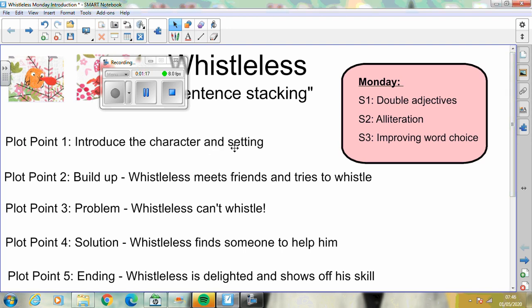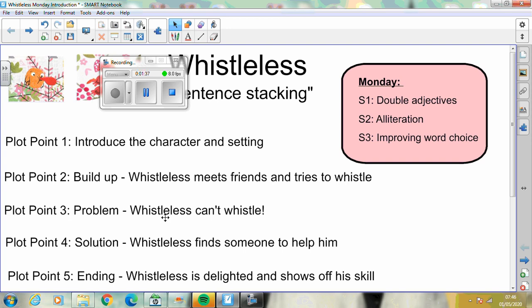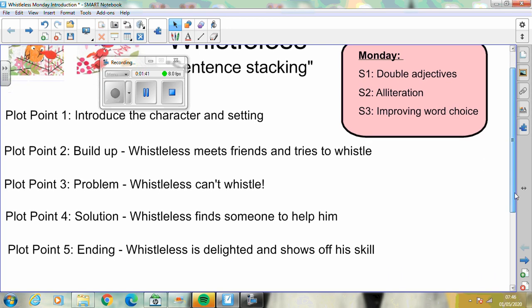So plot point one, the beginning of my story, I'm going to introduce the character and the setting. Then I'll go on to write about the build-up, where Whistleless meets his friends and tries to whistle. The problem in the story is that Whistleless can't whistle, and that makes him feel really unhappy and frustrated.